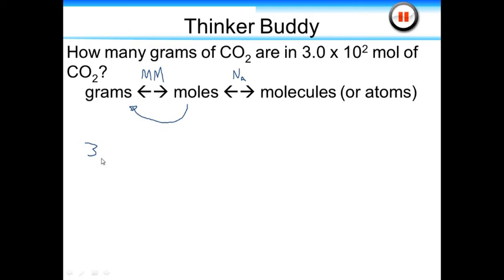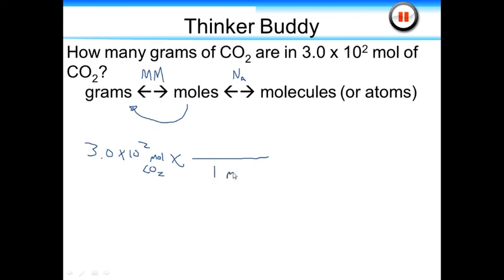So we start with 3.0 times 10 to the second moles of CO2. I like to write out as much information as I can in terms of units because it'll help me catch any mistakes and cancel later on.